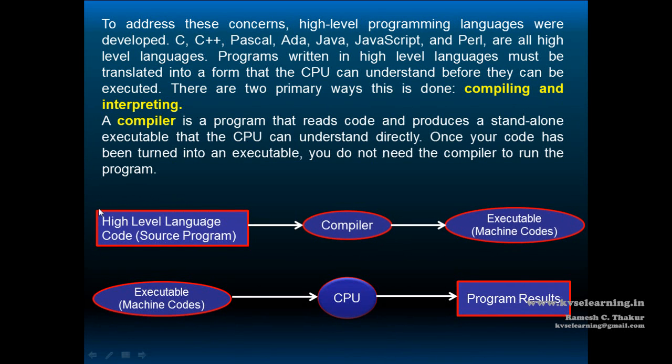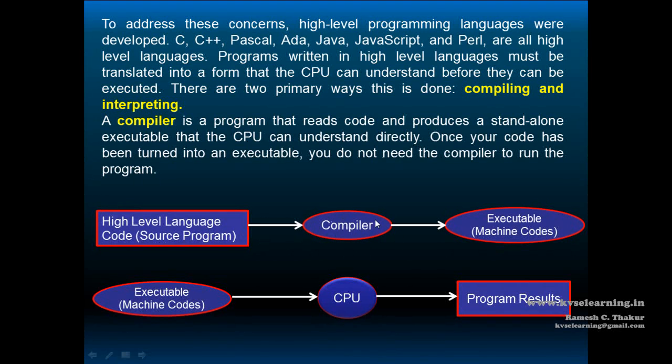So here we have high-level language codes, or sometimes we call them the source program or source codes, written in some high-level language such as C++, and those codes are directed to the compiler.